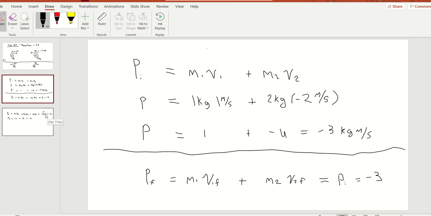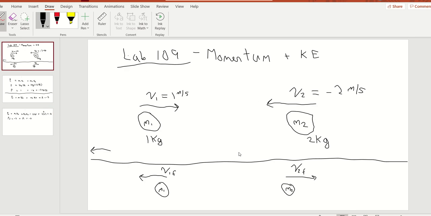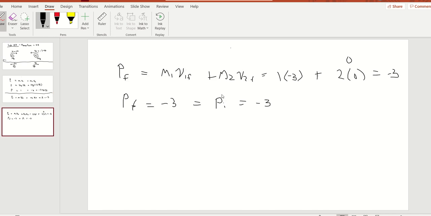And then we saw in the experiment that after the two objects hit each other, this one didn't actually bounce back, but it stopped. Generally speaking, after the collision, you don't know which way it's going to go, but what you do know is that the momentum is always going to be conserved, which means that it's always true that initial momentum is equal to the final momentum. And that's what we want to test in this lab.